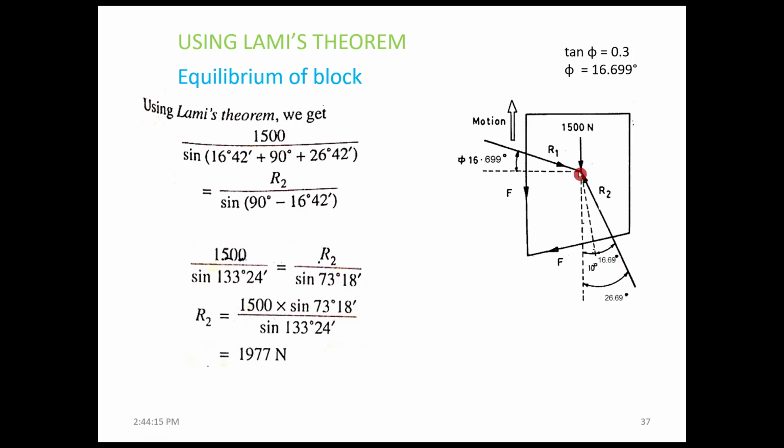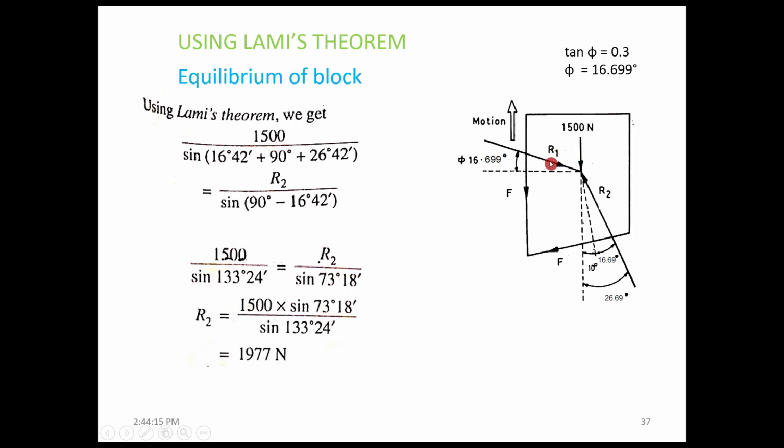By using Lami's theorem, we have 1500 divided by sin(16°42' + 90° + 26°42'), so 1500 by sin 133°24' is equal to R2 divided by sin 73°18'.